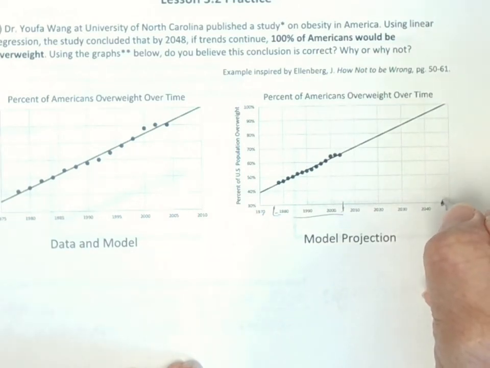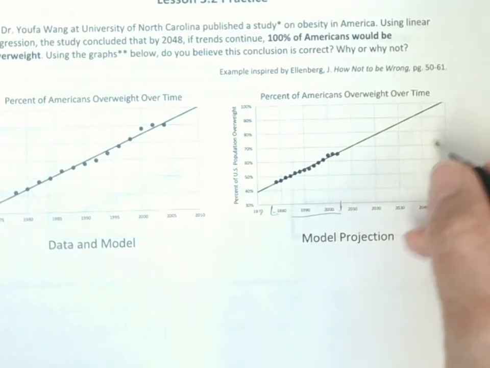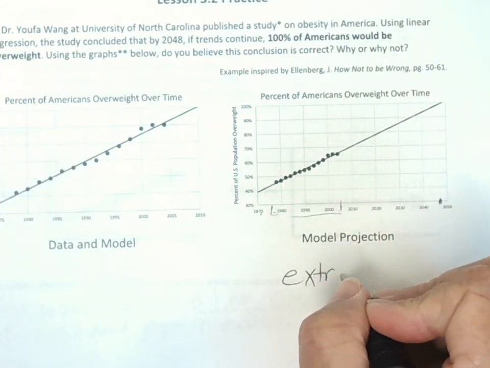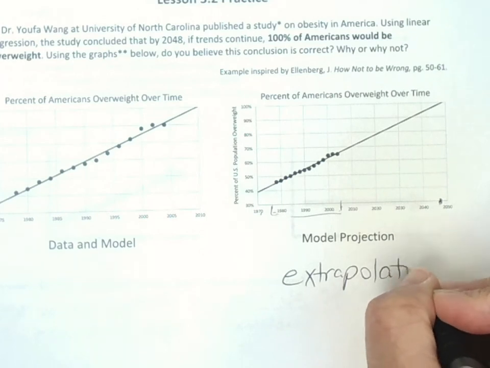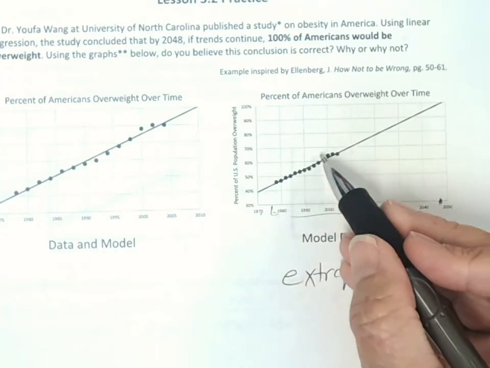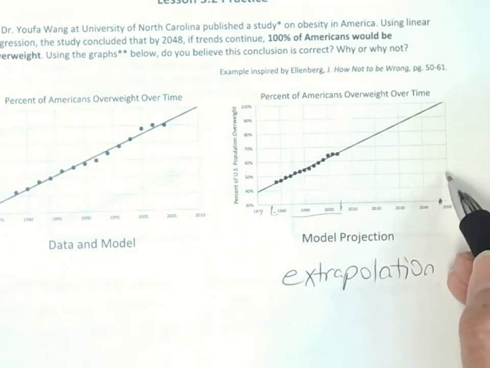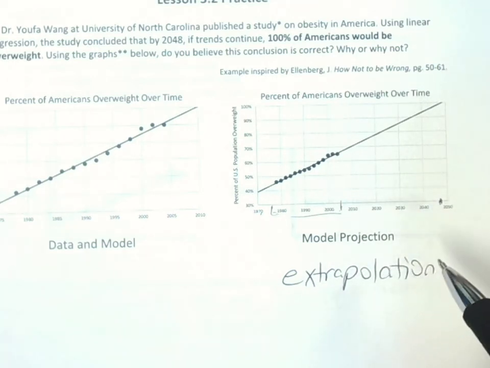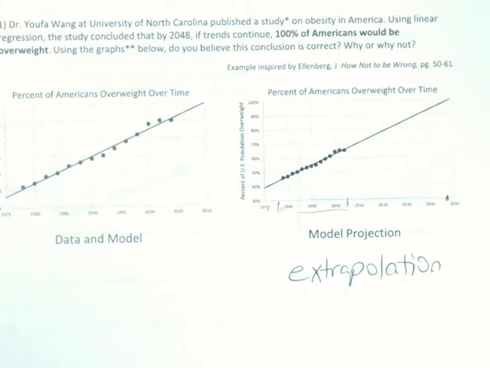Or it might not be accurate. You can't say 100%. This is what's called extrapolation, where you're extrapolating what's going on here to something that's going on way over here. Extrapolating is not a good idea because you can get very incorrect results. So we do not want to be extrapolating.